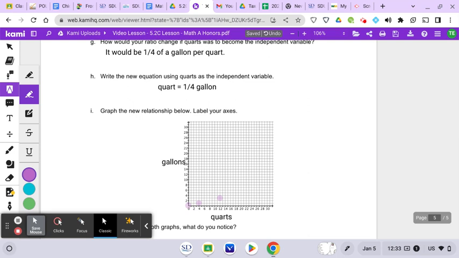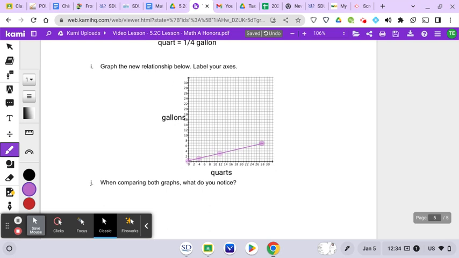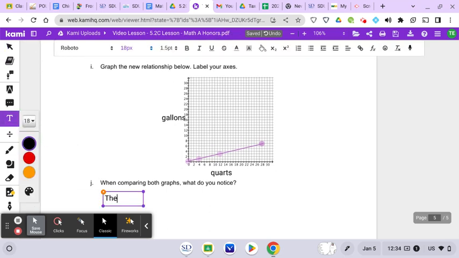And we'll go to 28. 28 quarts to get 7 gallons. 1, 2, 3, 4, 5, 6, 7. So it's a lot less steep. It's flatter. The second graph is flatter.